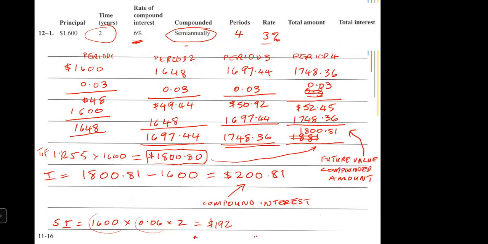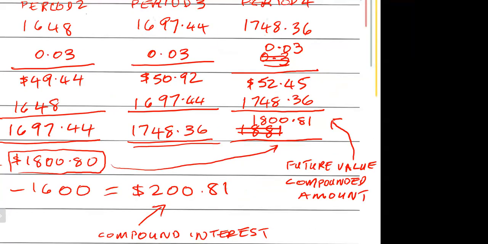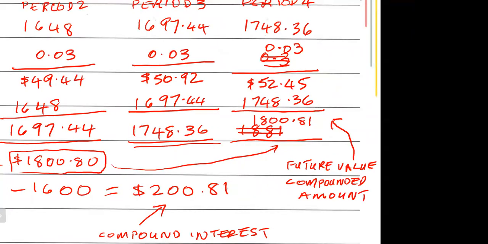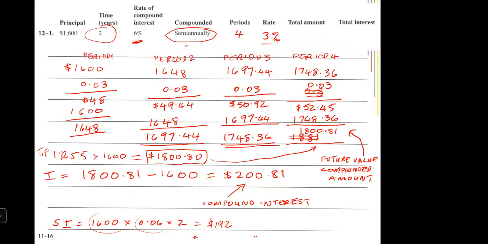So it wouldn't be as accurate as the manual calculation, but it gives you a reasonably good answer. So using the table, we were able to get $1,800.80 as the compounded amount or the future value. And if you want to find the interest, we simply subtract the 1,600 from that, and in this case, we get $200.80.